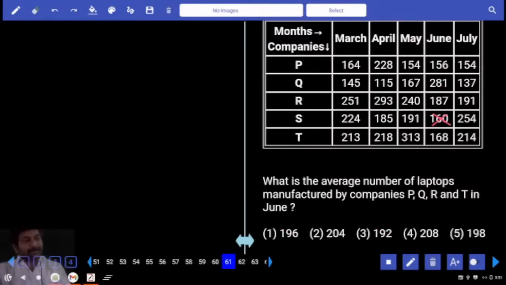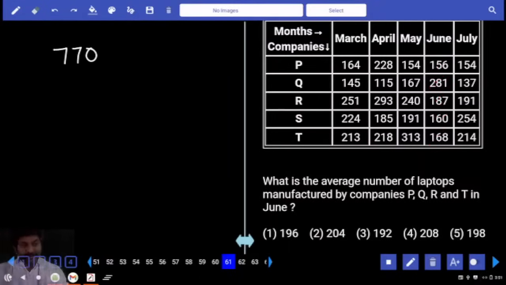Leaving this, come on. 15 plus 28. I am considering only hundreds place and then tens place. Units we will do it later. 15, 28. 43 plus 18. 61 plus 16. 77, which is 770, right?